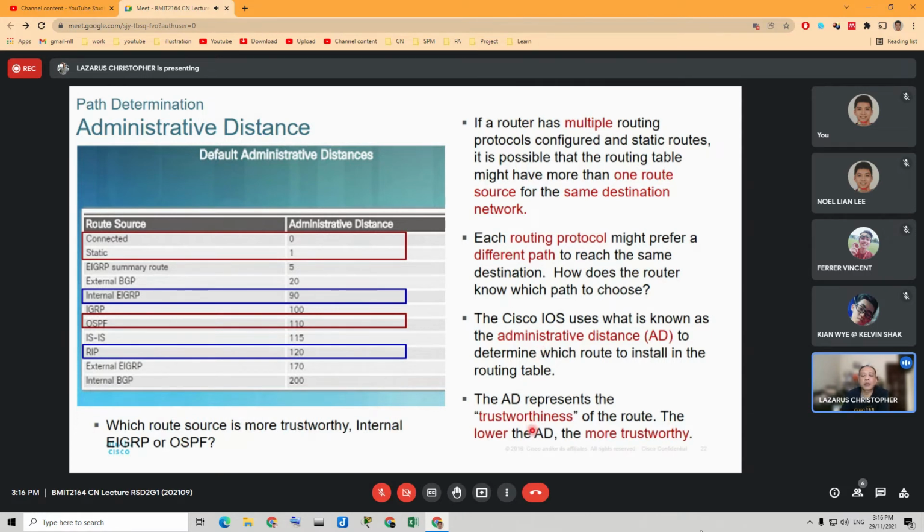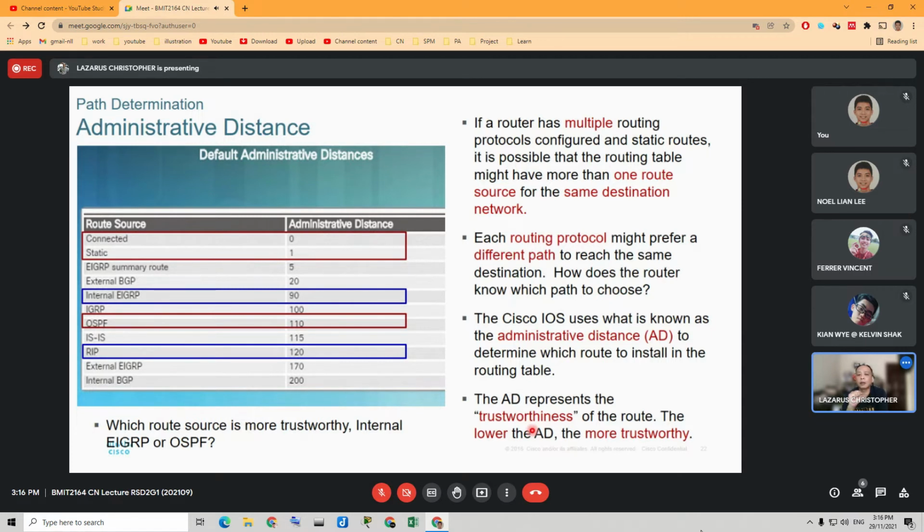It means the administrator chose the path, because the administrator usually knows the different paths better. So if the administrator chooses which path, they can set the AD to bias which path will be selected, right? In terms of this, it's called trustworthiness, okay?